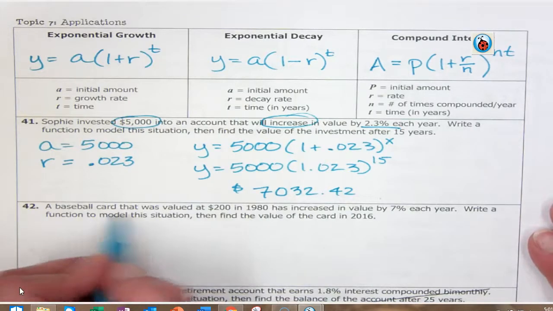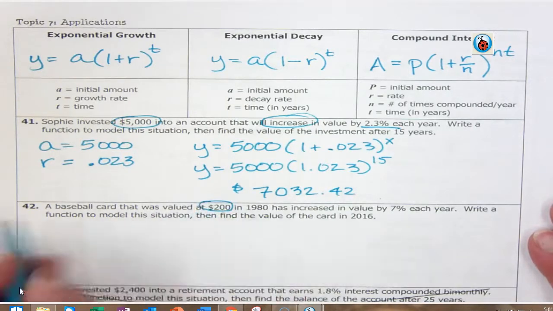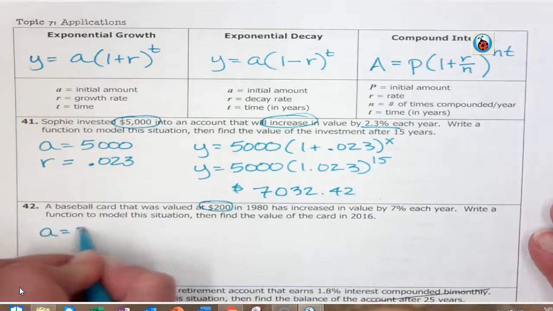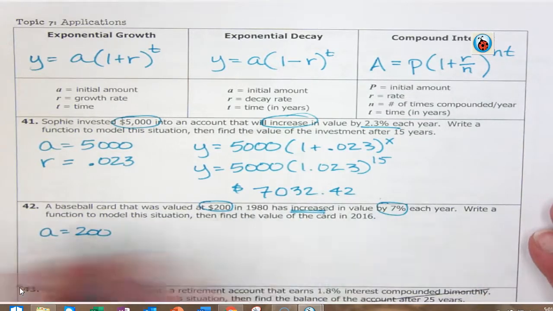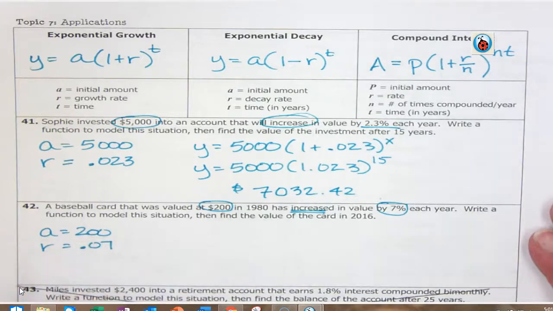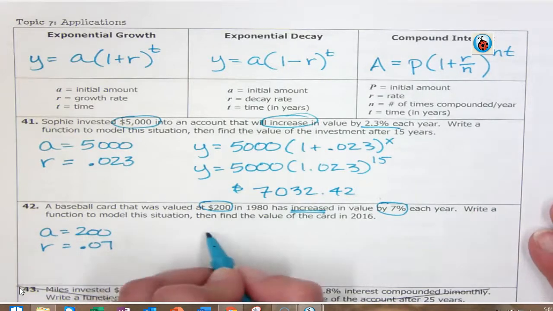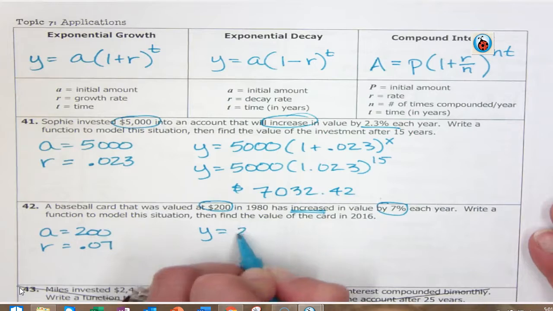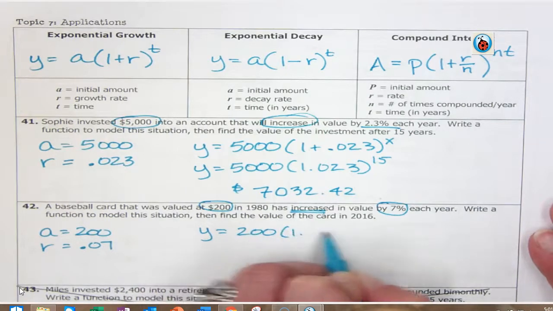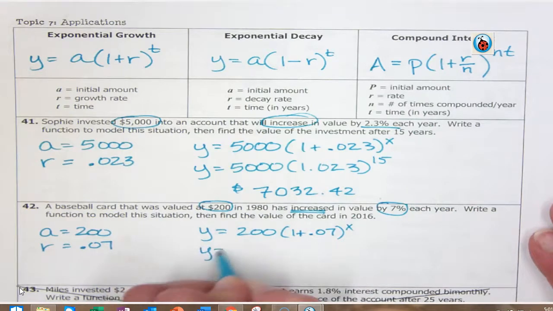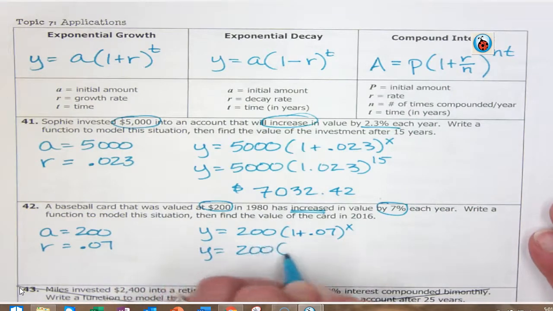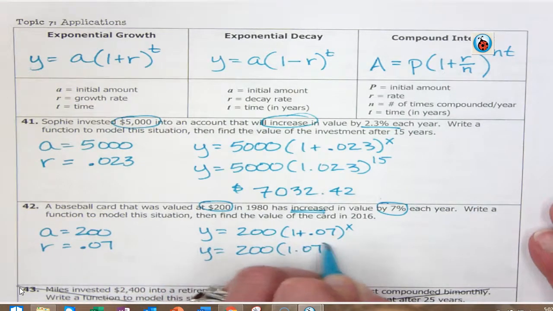Now, if you have a baseball card that's valued at $200, the initial value is $200. Again, it's increasing by 7%. Your rate is 0.07, 7%. We're increasing. So it's going to be y equals 200, 1 plus 0.07 to the x power. 200, 1.07.